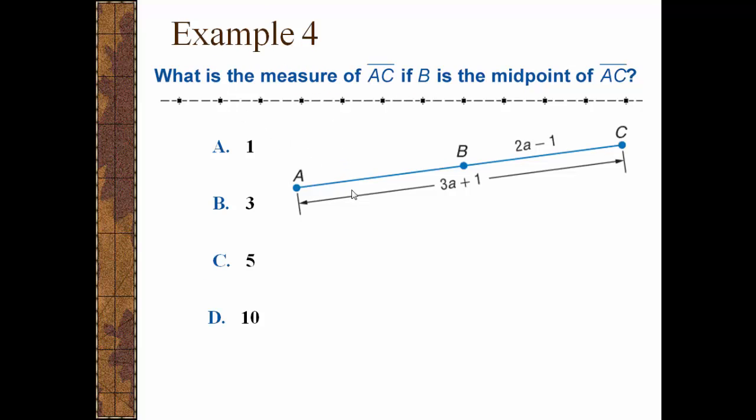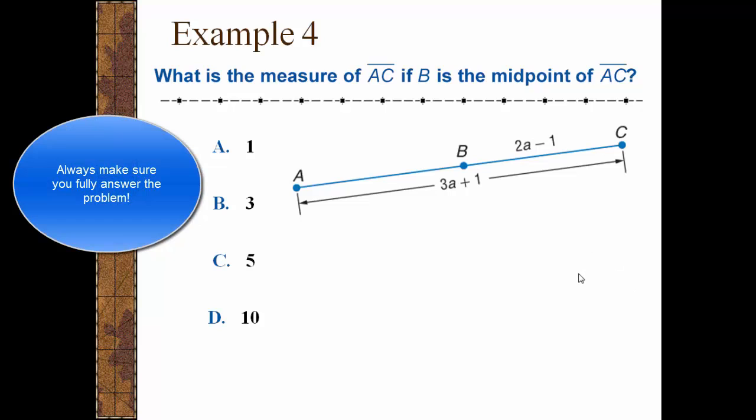Next one. What is the measure of line segment AC if B is the midpoint of AC? So this one's a little bit different, and we're going to have to use some prior knowledge. We know that B is the midpoint. A midpoint is always going to cut a line segment exactly in half. So, since we do not have any coordinates, we are not going to use the midpoint formula for this.